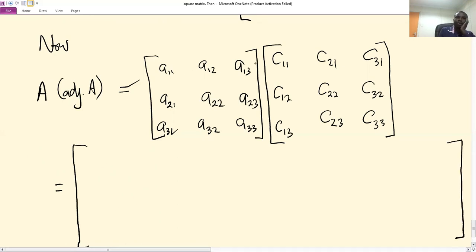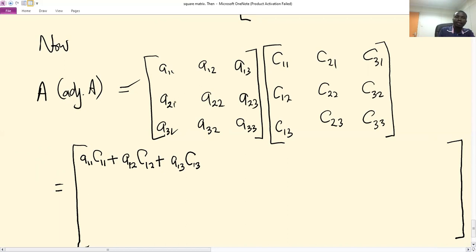So we'll have row times column. You have A11 C11 plus A12 C12 plus A13 C13.